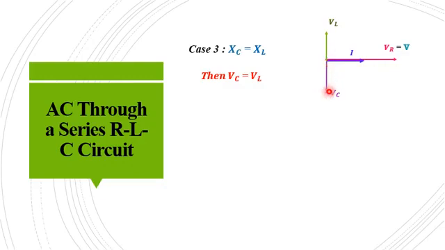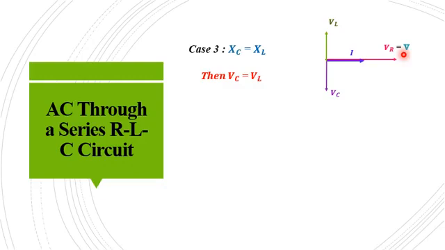So here, since VL equals VC, VL minus VC will be equal to 0, and the resultant voltage V will only be equal to VR. That is, here we can see that the resultant voltage is in phase with the current. That means the RLC series circuit is resistive in nature.